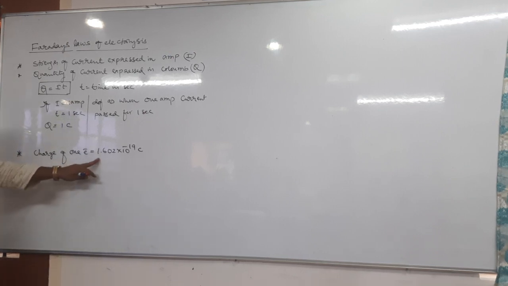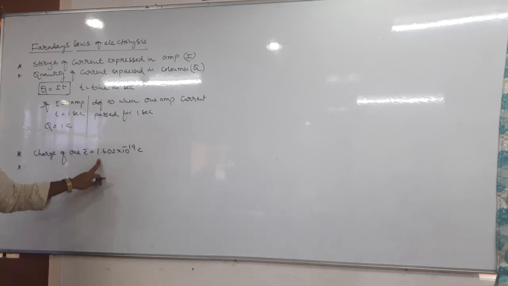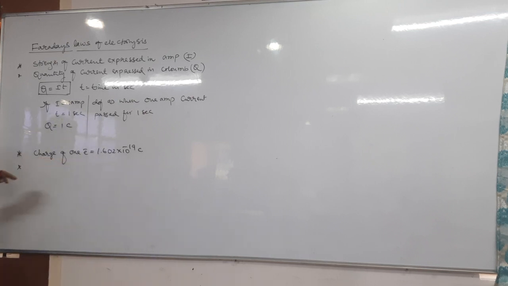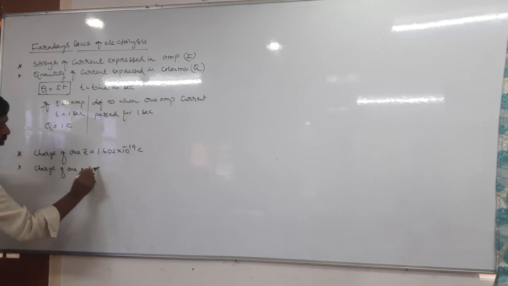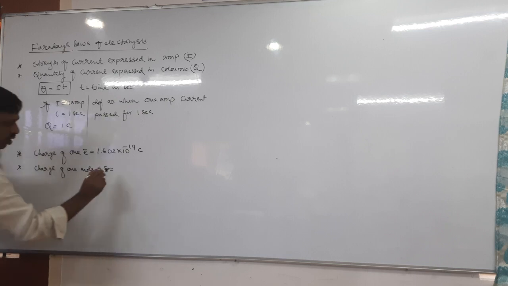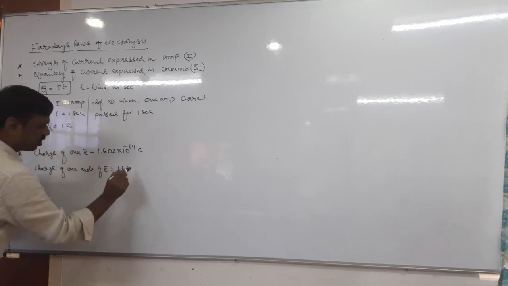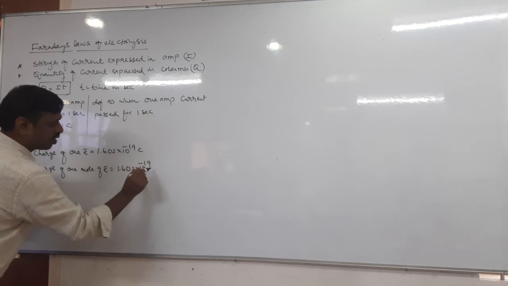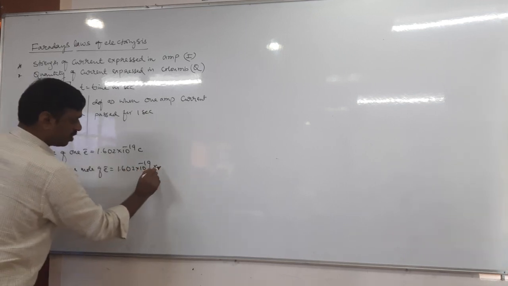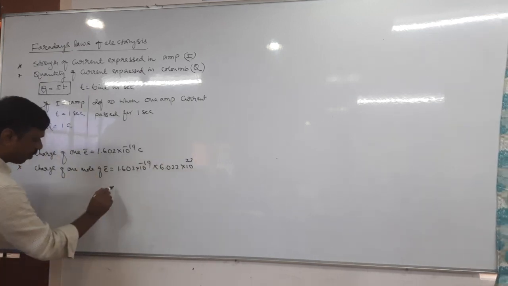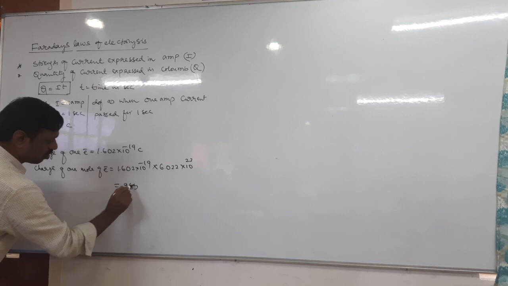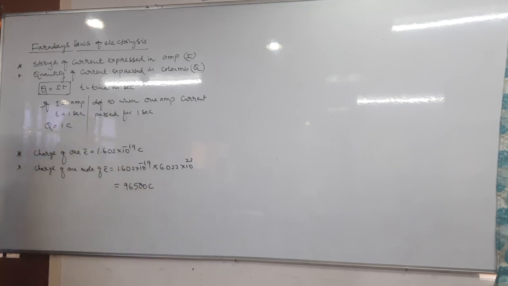It is the charge of 1 electron multiplied by Avogadro number, Na. So the charge of 1 mole of electron is 1.602 into 10 power minus 19 coulombs into 6.022 into 10 power 23, which is approximately equal to 96,500 coulomb.